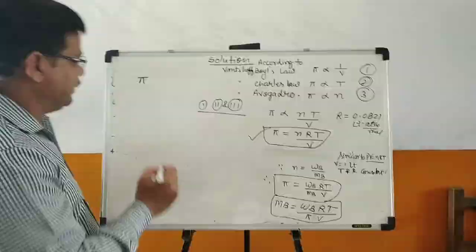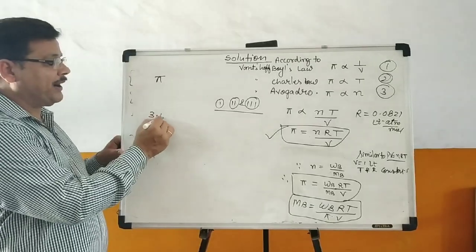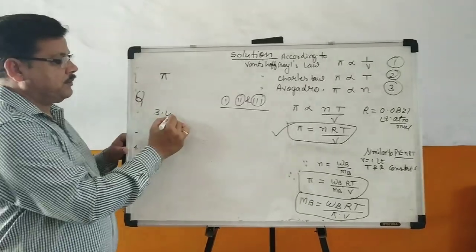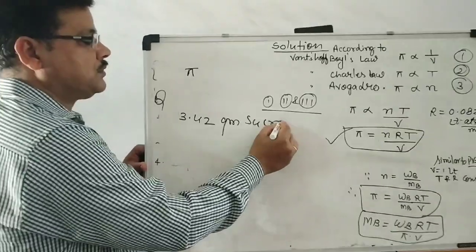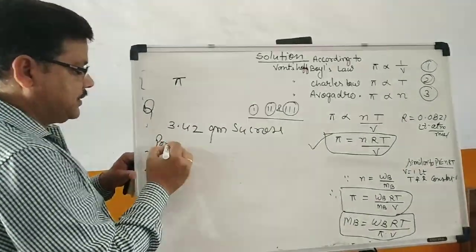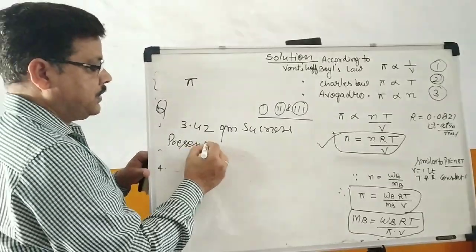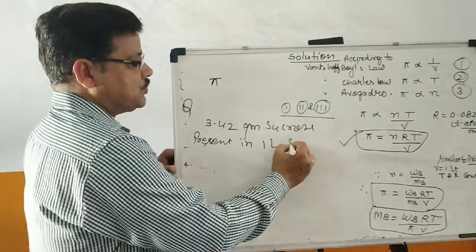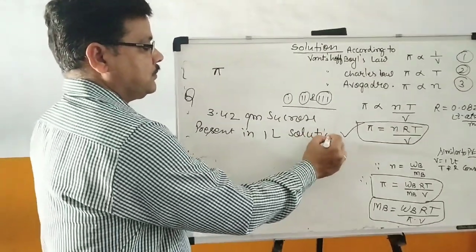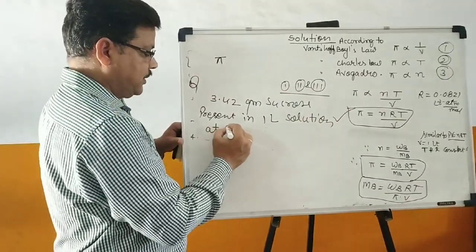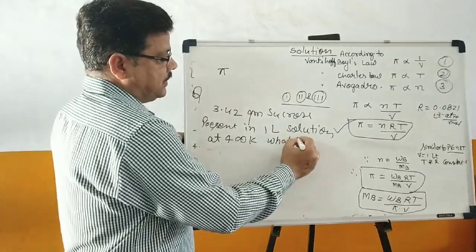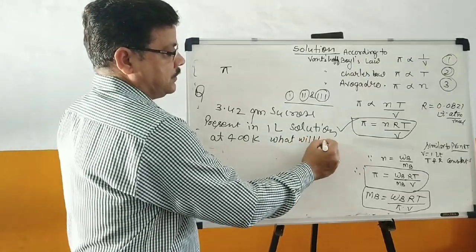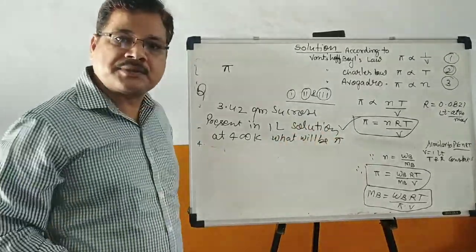See one numerical. Suppose 3.42 gram sucrose is present in 1 liter solution at 400 Kelvin. What will be pi? Pi means osmotic pressure.